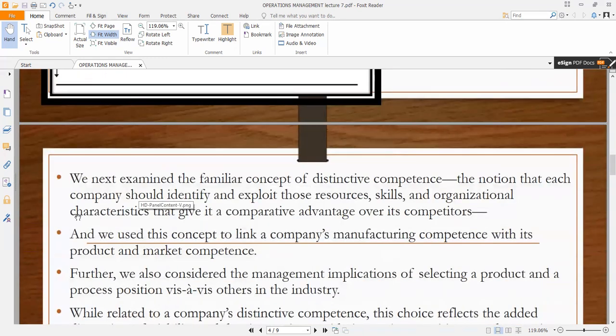Now we next examine the familiar concept of distinctive competence: the notion that each company should identify and exploit those resources, skills, and organizational characteristics that give it a comparative advantage over its competitors.